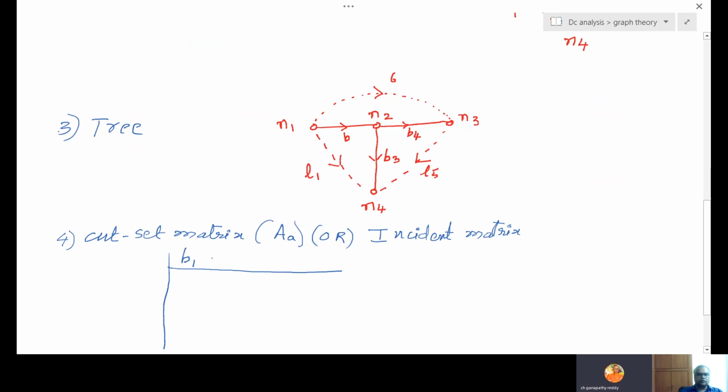As usual here, B1, B2, B3, B4, B5, B6. This side N1, N2, N3, N4.